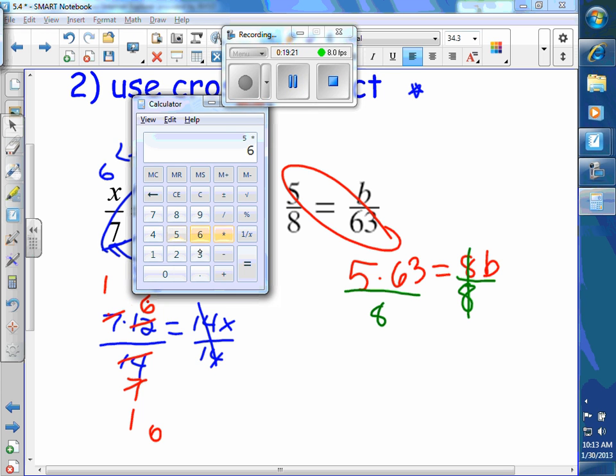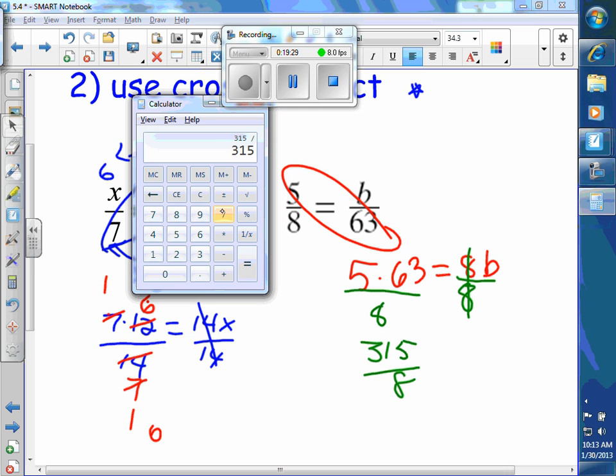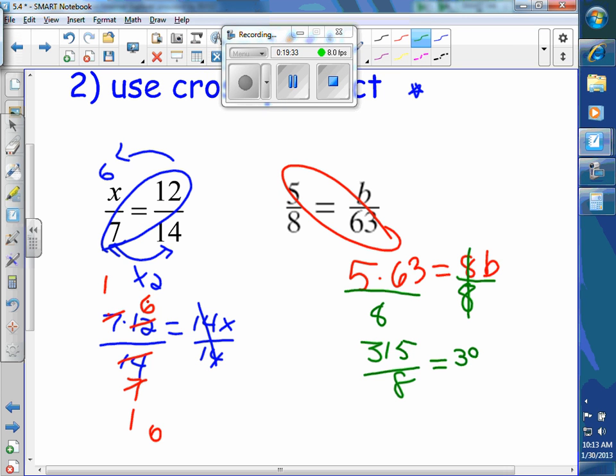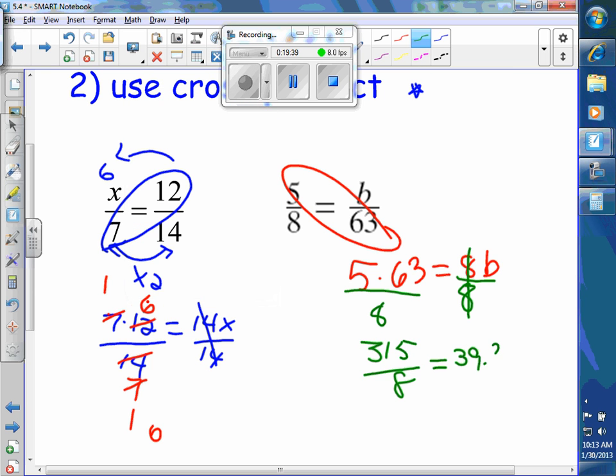So 5 times 63 is 315 divided by 8, and then go ahead and get a decimal answer there for today. 30.375.